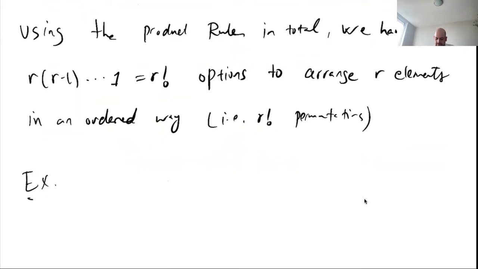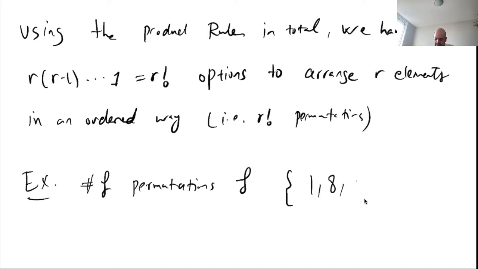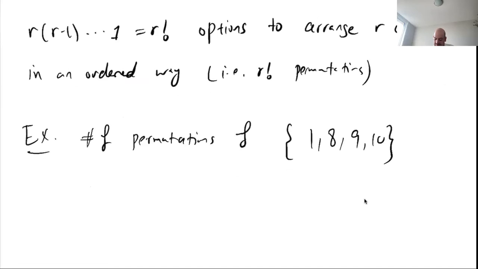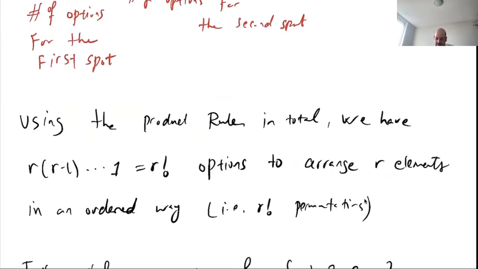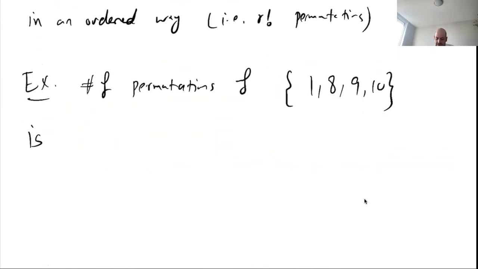So for example, the number of permutations of, let's say, this set, for example, 1, 8, 9, 10, is how many? So this is a set with 4 elements. So according to what we just derived, the number of permutations is 4 factorial, which is 1 times 2 times 3 times 4, and that is 24.